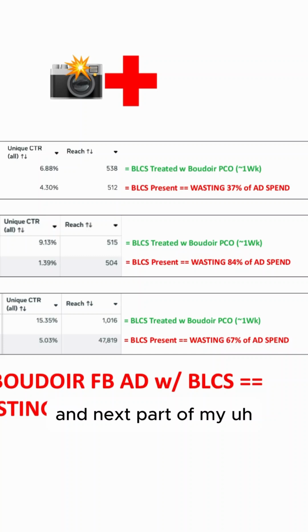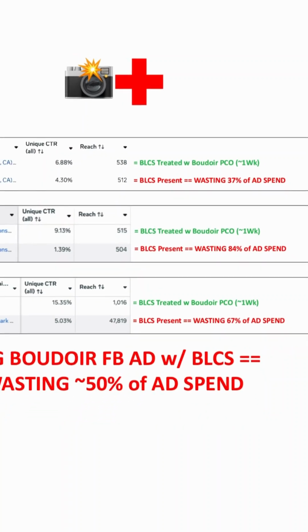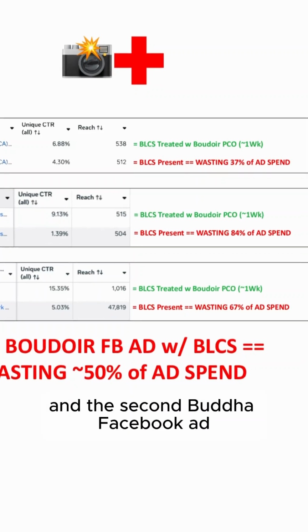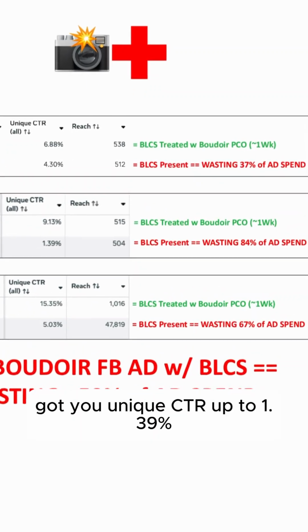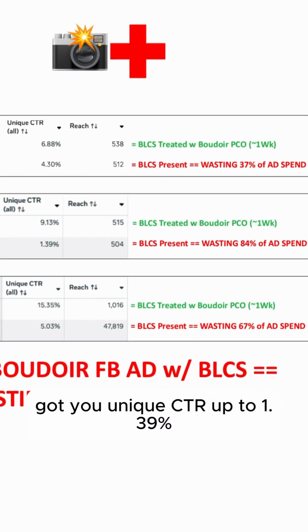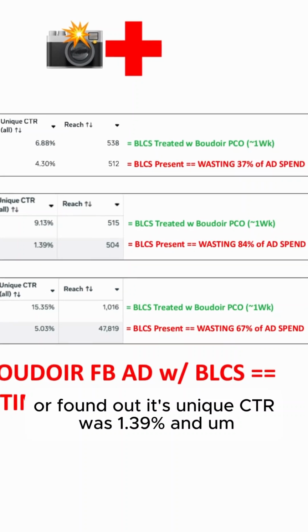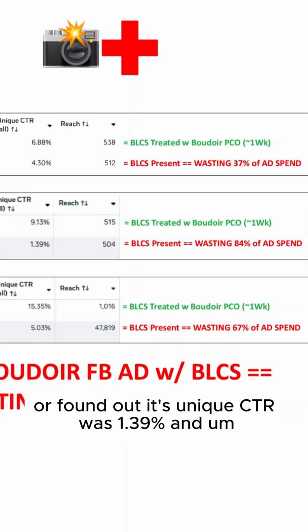Next part of my residency, the second Boudoir Facebook ad. Found out its unique CTR was 1.39%.